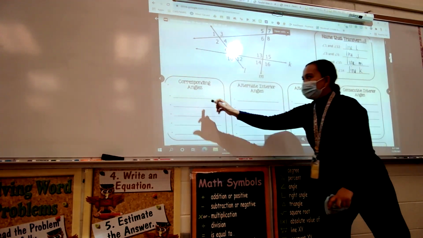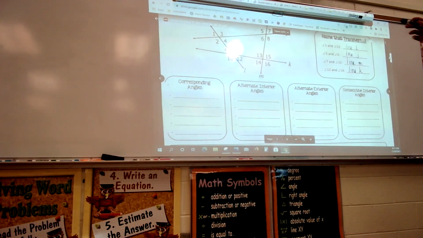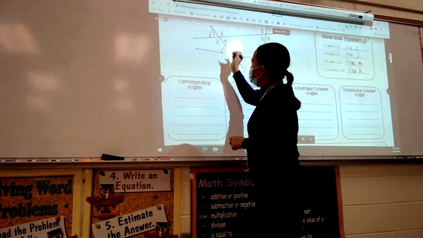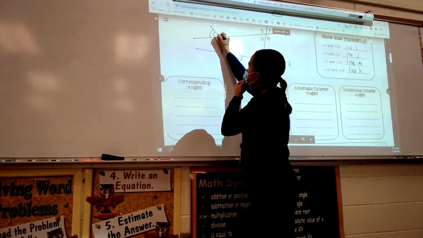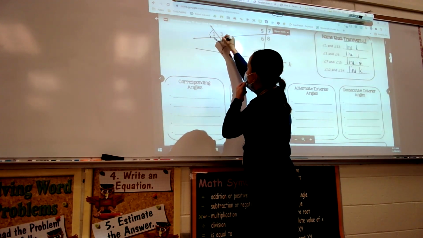Okay, next. I want you to give me corresponding angle. Any corresponding angle that you can see. Come on, give me one pair. 1 and 5. Carter. 1 and 9. 1 and 9 are corresponding. That is correct. Angle 2 and angle 10 are corresponding.